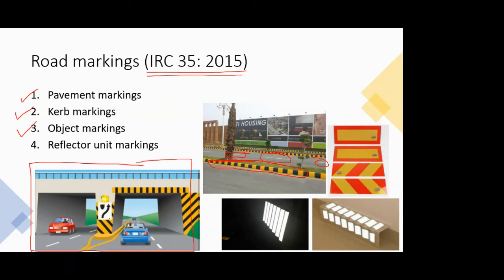Wherever you have an underpass, there is a height restriction, so you can see such paint done over there in yellow and black stripes. Those are the object markings, to warn the driver that there is some object, you don't have to go into it, you have to adjust your direction accordingly. So that is the object marking.